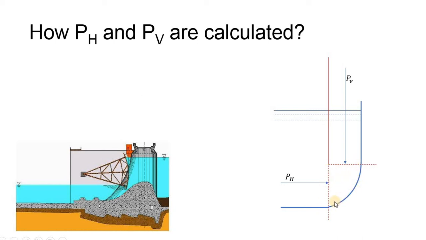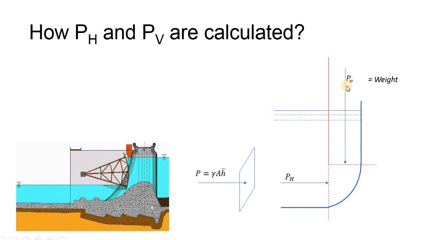Now this may be a curve, but if you project this on this surface, it becomes a rectangular one, and for this rectangle we use the same formula, F equals gamma into A into h bar. Now h bar is calculated from the free surface to the center of gravity. This is how you project this curve and it becomes a rectangle, and upon this rectangle you calculate F, or now it's P. P is the force, gamma into A into h bar.